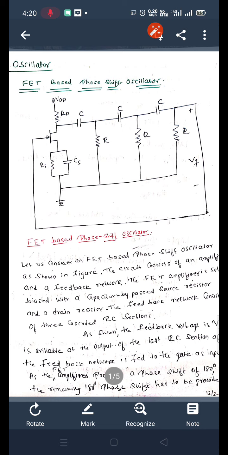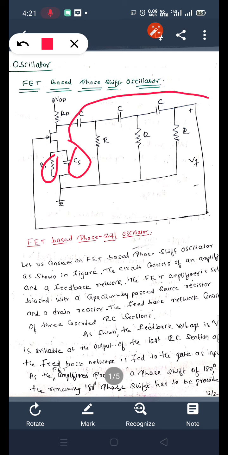The FET amplifier is self-biased with a bypassed source resistor with a bypass capacitor, as well as a drain resistor. The feedback network consists of three cascaded RC sections.